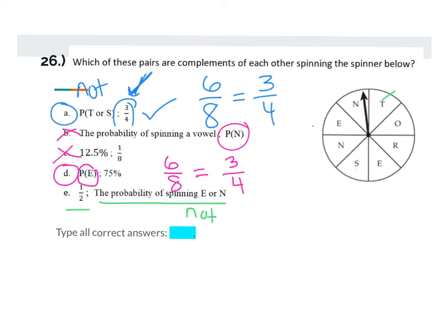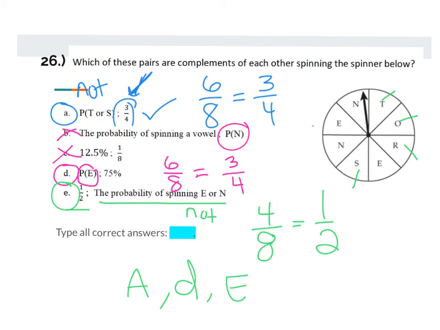So that would be T, O, R, S, yep, which is 4 out of 8 total, which is 1/2. So since we did not and we got 1/2, then yes, these are complements of each other. So the correct answers would be A, D, and E.